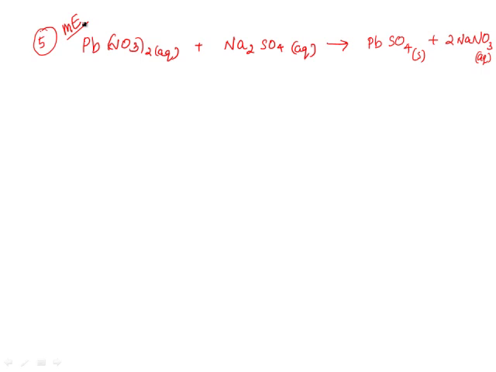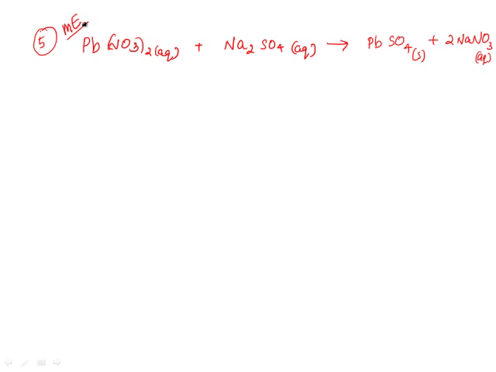Solid, liquid, gas, do not touch them. They do not dissociate. Only aqueous species will dissociate. So whatever you see with aqueous, you have to split. That is why it is important to look at the physical states of your products and write them clearly.